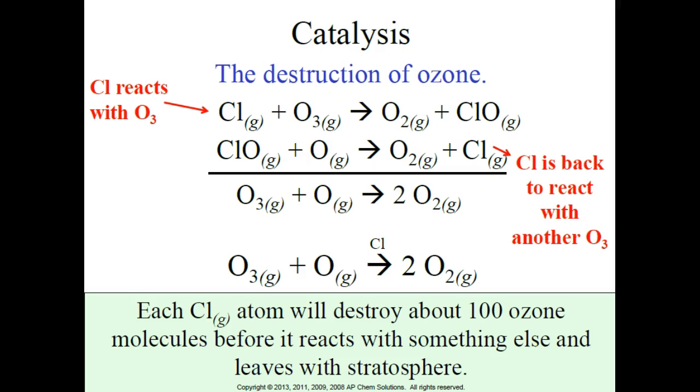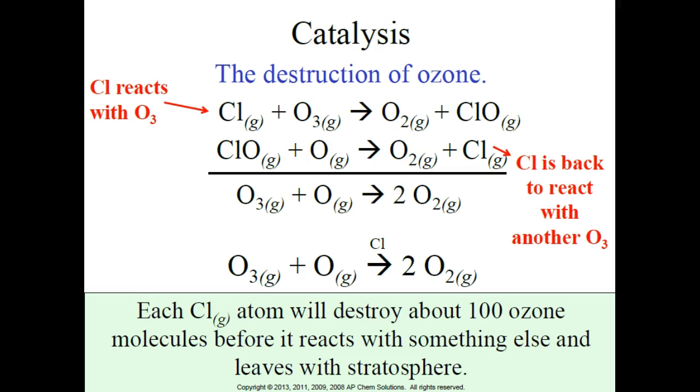Okay, so example, we've got what happens to ozone when it is destroyed. So we've got unimolecular chlorine gas plus the ozone. And so we end up with O2 and chlorine monoxide. Well, then chlorine monoxide will react with unimolecular oxygen, giving you O2 and unimolecular chlorine again.